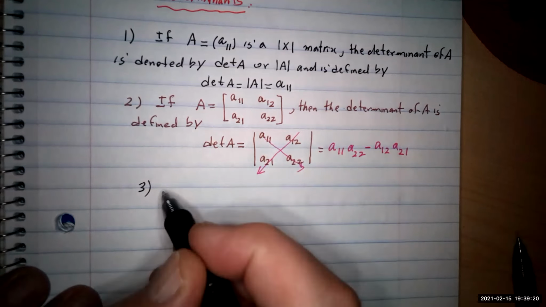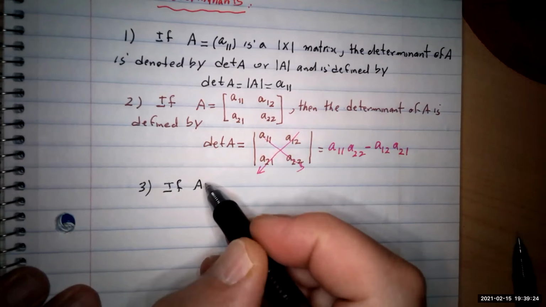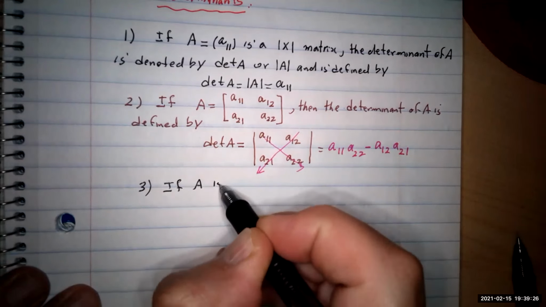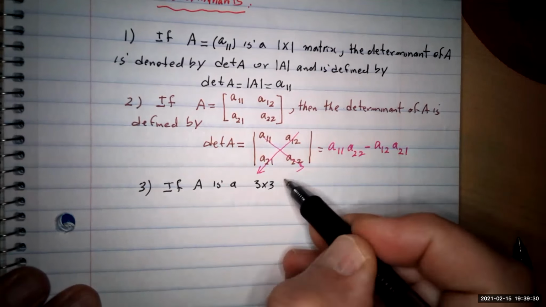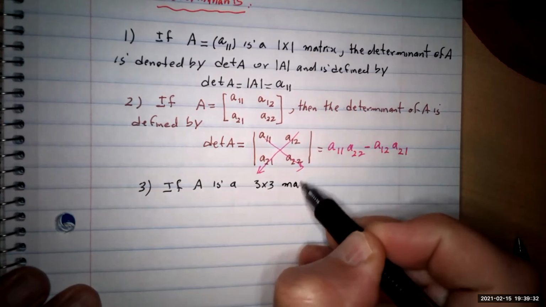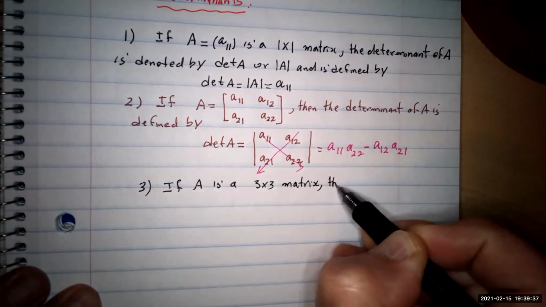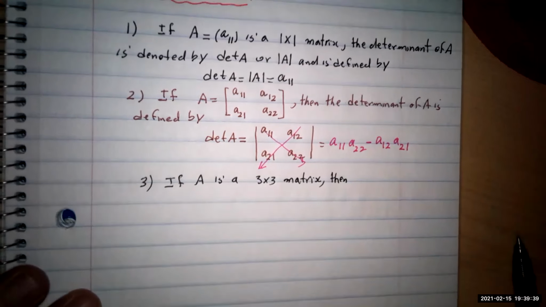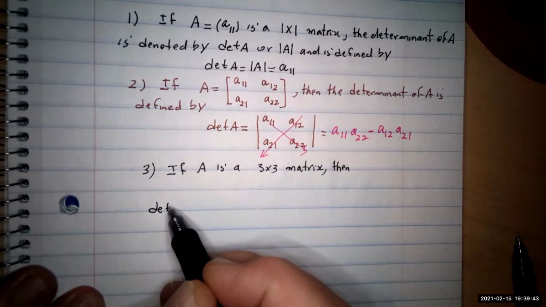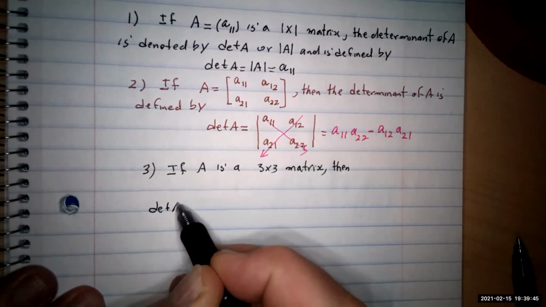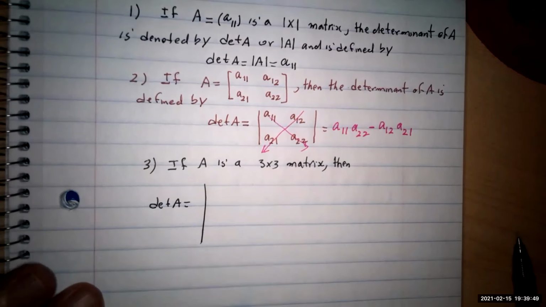So if A is a 3 by 3 matrix, this is what would happen. If you want to find the determinant of A, this is the notation that we're going to use.